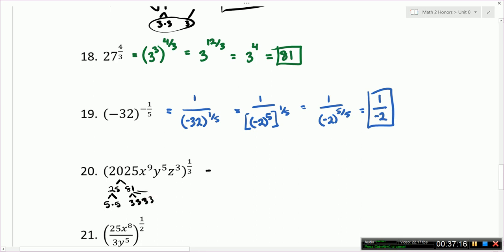So I'm going to rewrite this as 5 squared times 3 to the 4th power, x to the 9th, y to the 5th, z to the 3rd, all to the power of 1/3.